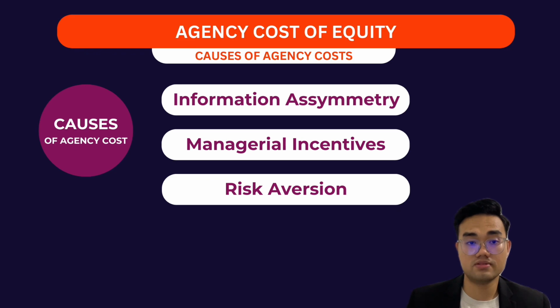Managerial incentives: managers may pursue personal goals such as job security, personal perks, or empire building, rather than focusing on maximizing shareholders' value. And the third one is risk aversion, where managers might be more risk averse than shareholders because their personal wealth and job security are tied to the firm's performance, leading them to avoid risky but potentially profitable projects.